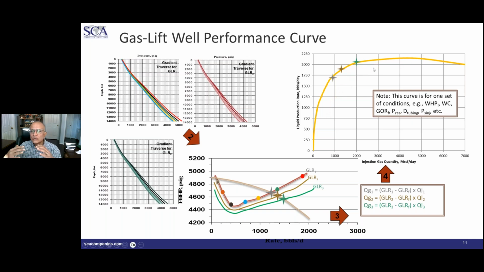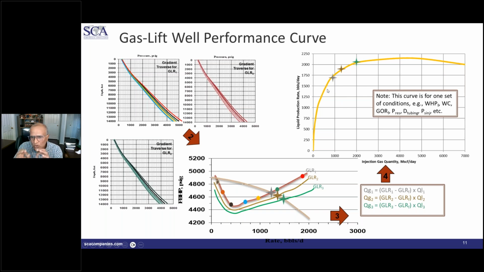And when you assemble all of these performance curves, you come up with a hyperplane or hypersurface, if you will. When you are in the operations role, your job would be to navigate your injection gas quantity in such a way that you get the maximum.